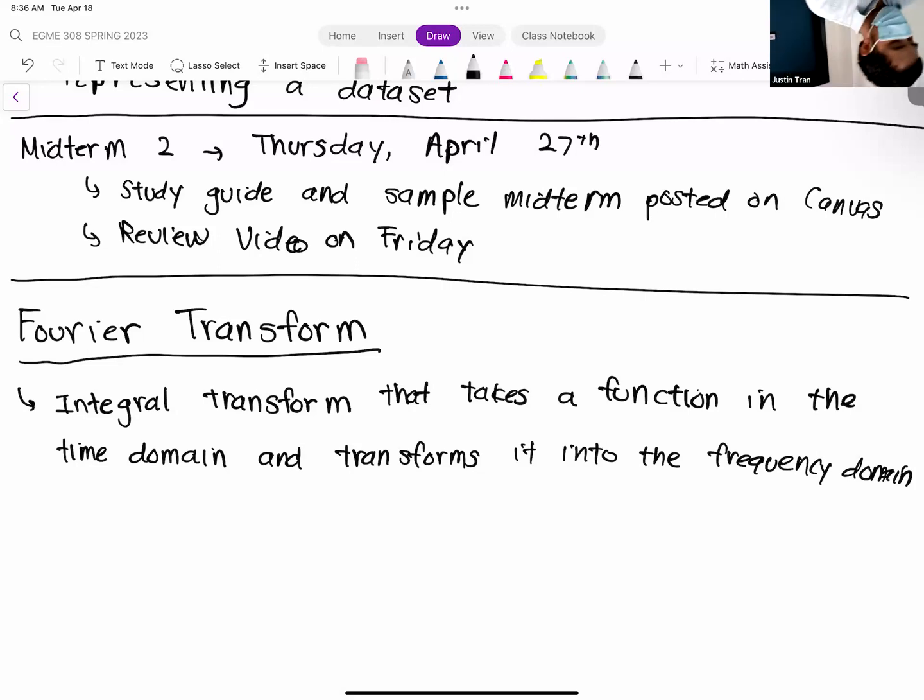And so the main reason why people perform the Fourier transform is that by changing this variable and looking at it from a different domain, you learn a lot more information about the function. It's a lot easier to see certain types of information in the Fourier domain versus the time domain.